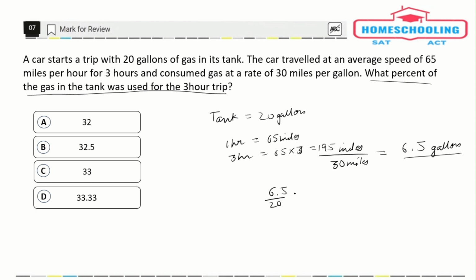So 6.5 by 20 into 100. Let me calculate. That would be 32.5%. So this is going to be option B as your answer.